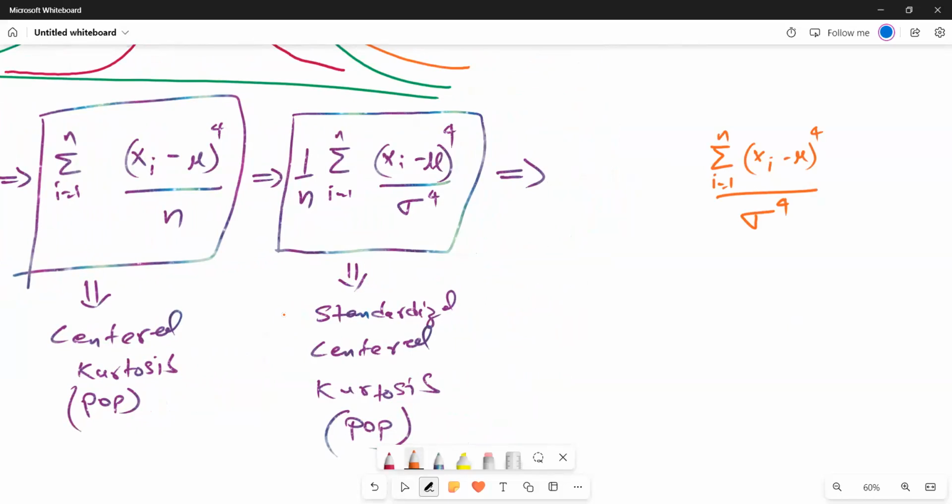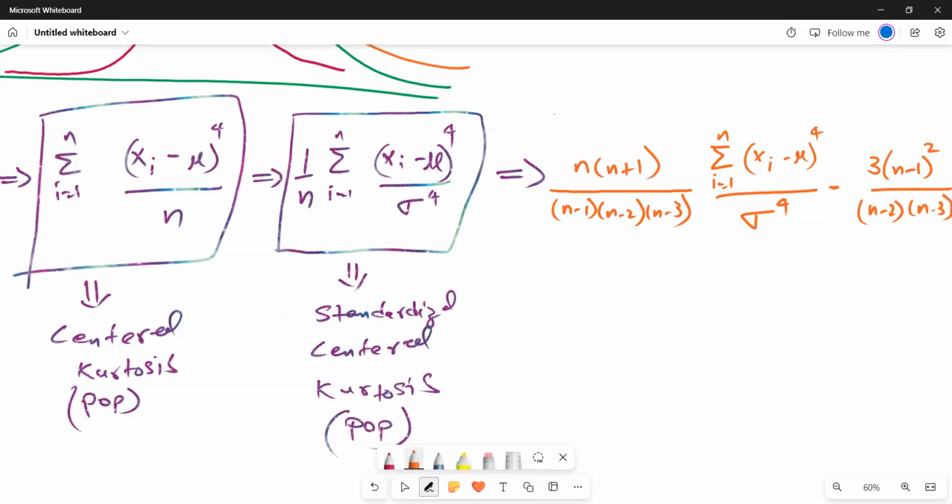Now there is a sampling adjustment that will be added, which means 1 by n will be replaced with a certain number of terms. These terms are n into n plus 1 in the numerator divided by n minus 1, n minus 2, and n minus 3 in the denominator, followed by an additional term that will be subtracted, which is 3 times n minus 1 whole square divided by n minus 2 and n minus 3.